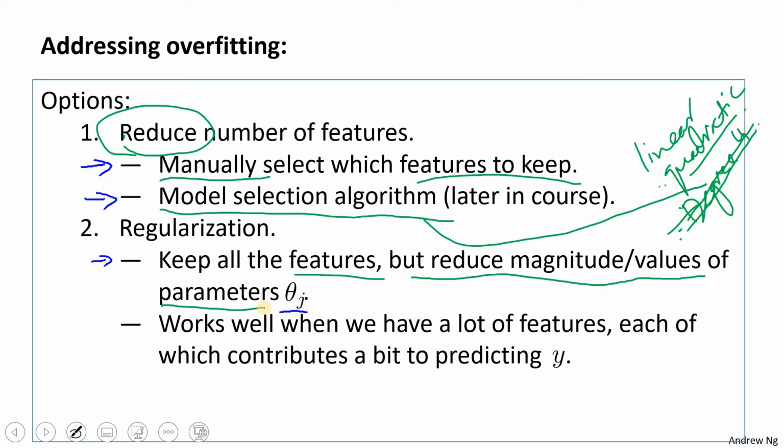This approach, regularization, works very well when you have lots of features. Remember, we are talking about maybe 20 or 50 or 100 features in a model, each of which is contributing a little bit to predict y.